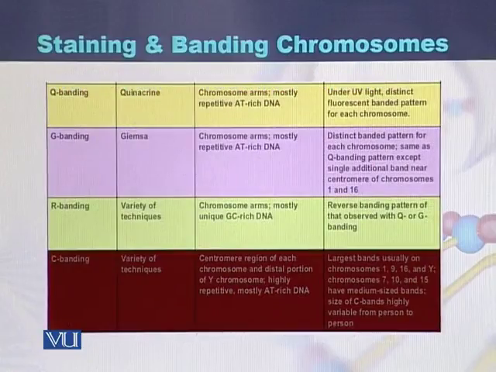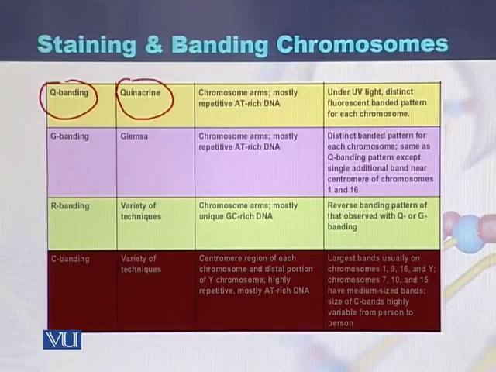As there are 4 different types of banding pattern, the first banding pattern is Q banding, which is performed with the help of a chemical. The name of that chemical is quinacrine. In case of Q banding, usually the chromosome arms show the banding pattern, which shows that there is an AT rich region.